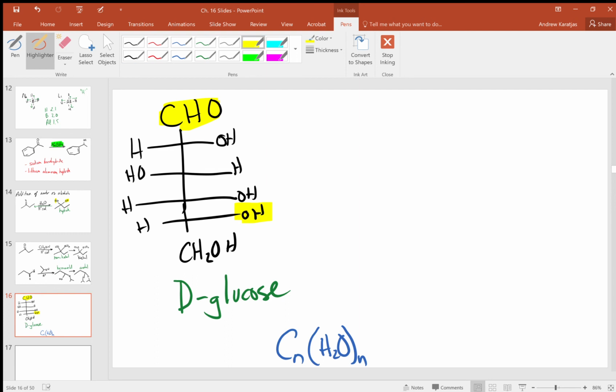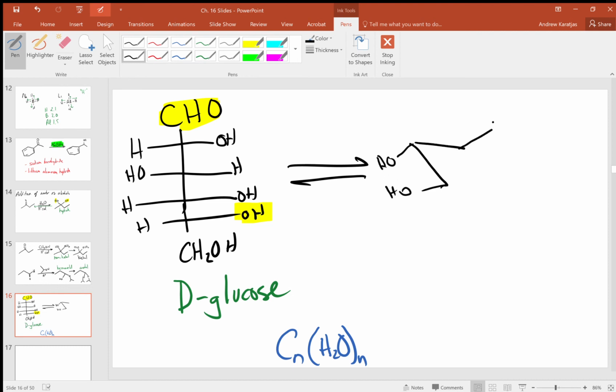And so if the alcohol that I've highlighted in yellow is able to react with the aldehyde itself, then we get an equilibrium between the open form and this closed form.